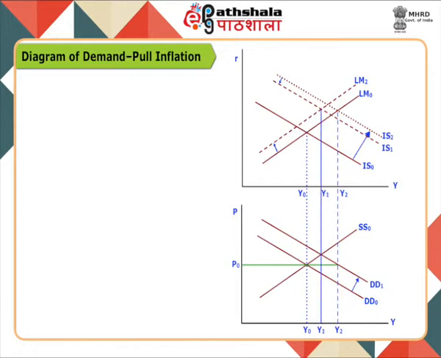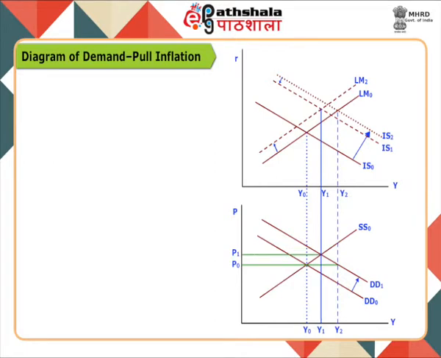In the lower panel of the diagram, the aggregate demand would decrease as a result of the increase in price level along the demand curve DD1. As the price level increases, aggregate supply would increase along the supply curve SS0 and a new equilibrium will be established at the Y1 level of output with price level P1.